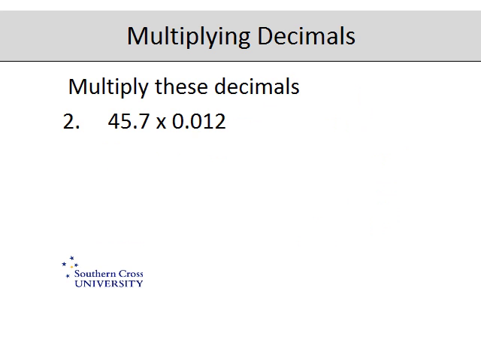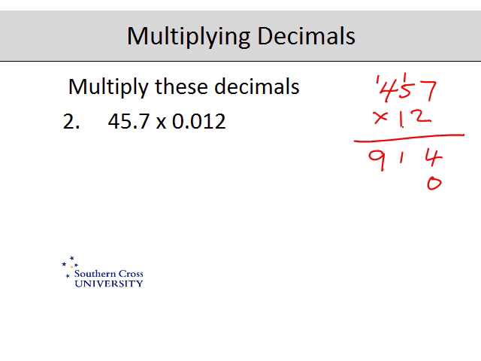In this question, we're basically multiplying 457 by 12. If we remove any decimal points, it's 457 times 12. So doing this, 2 7s are 14, 2 5s are 10 and 1's 11, 2 4s are 8 and 1's 9.